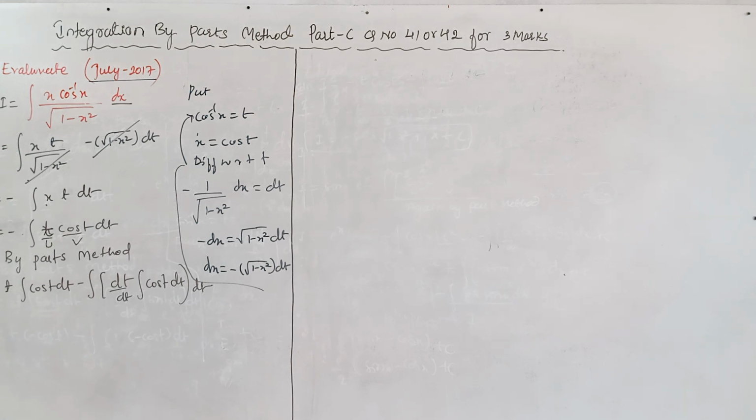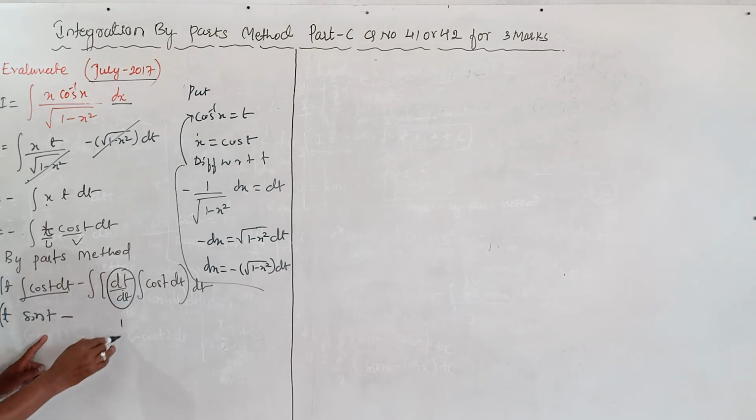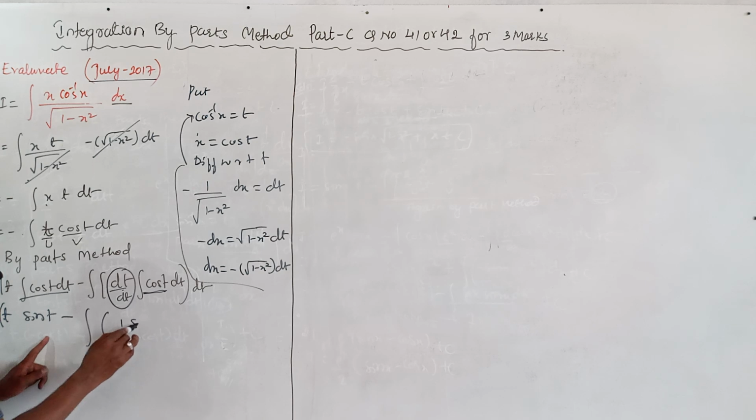Now write I is equal to t as it is, integration of cos t is sin t. Minus sign outside: minus t, derivative of t with respect to t is 1, integration of cos t is sin t dt.